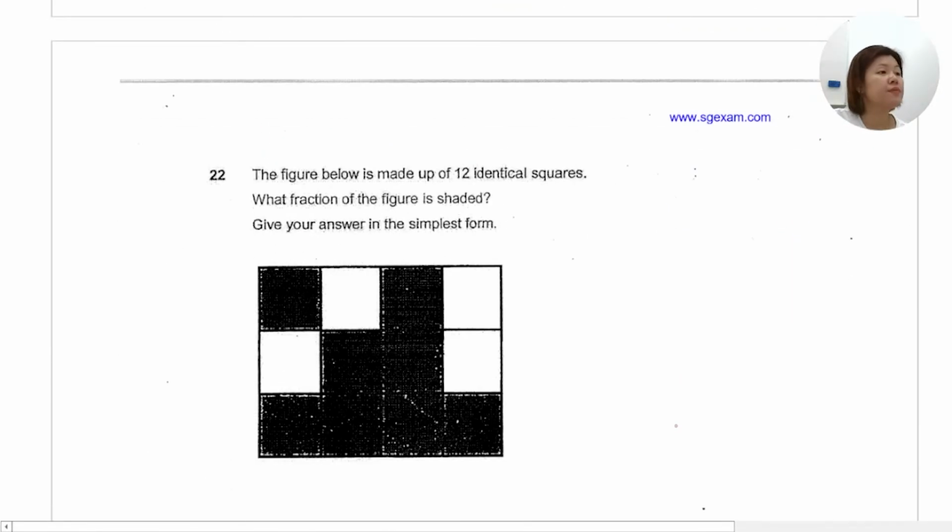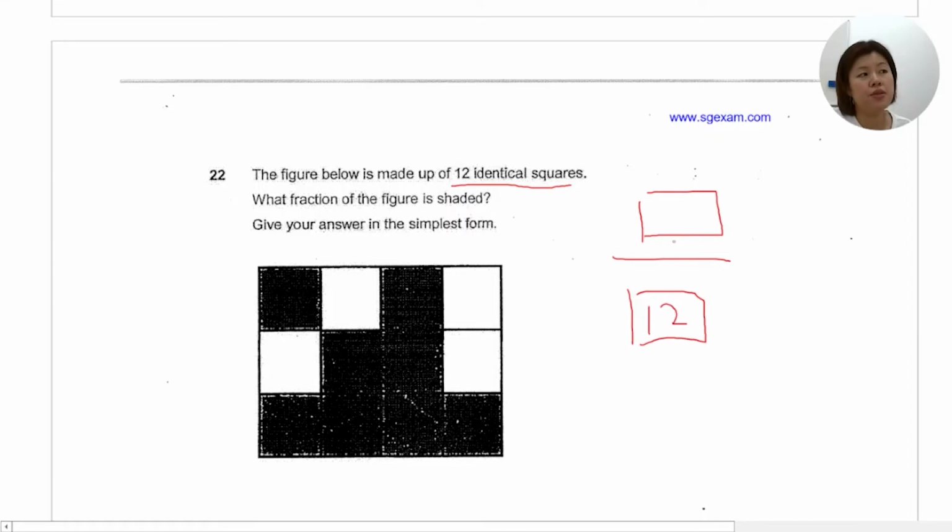Next. This figure has 12 identical squares. What is the fraction that is shaded? So numerator and denominator. Denominator is always the total number of squares, which is 12 here. And the numerator is always the one that the question wants, which is shaded.